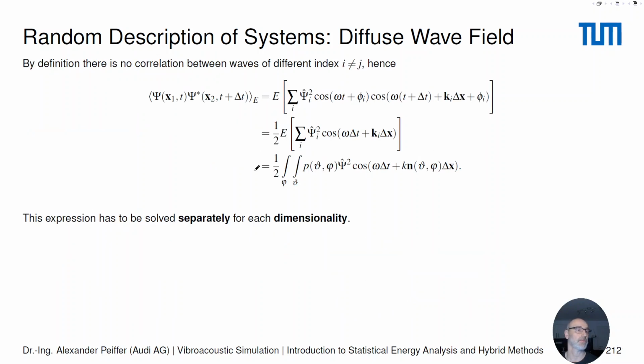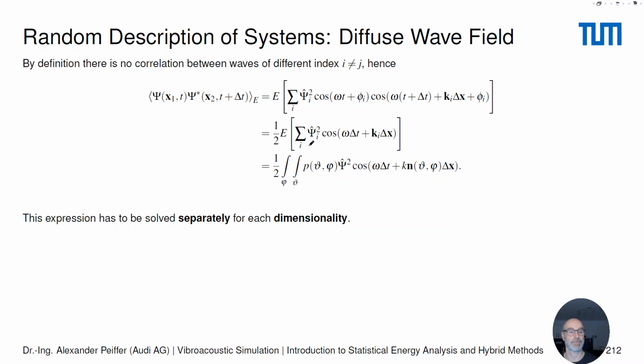This can be simplified because by definition, so this was our choice, there is no correlation between different indices. So we get rid of the double sum, just ending up with a single sum, and using all those expressions that are related to a unique index. And if we do so, we can simplify the formulation more and more, finally ending up with this expression.